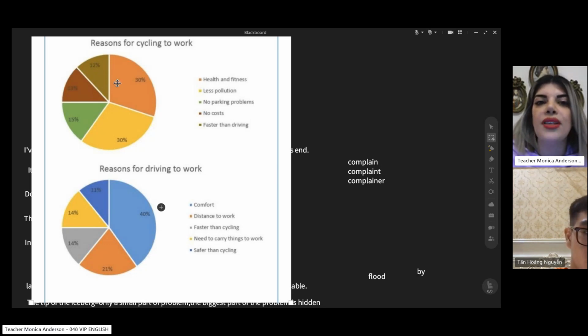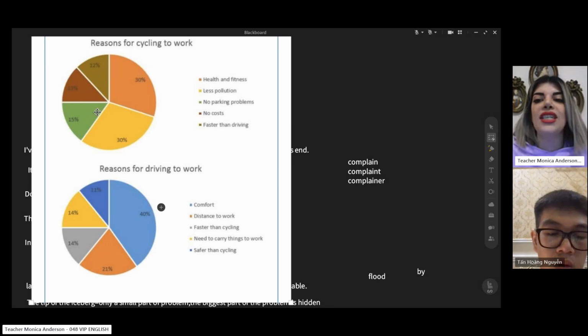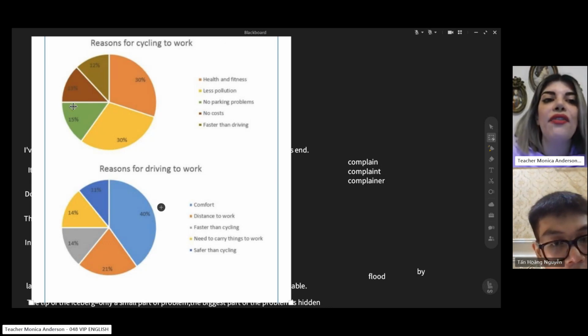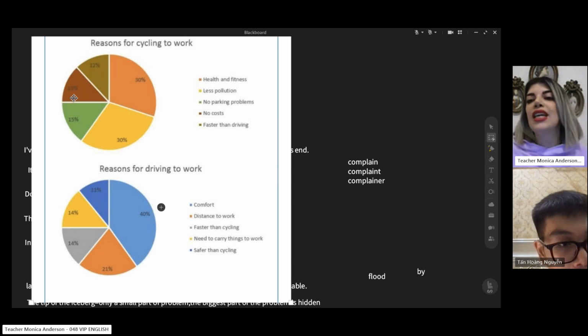Each segment represents 30%, which is double the next most popular reason, which is lack of parking issues at 15%, as you can see.